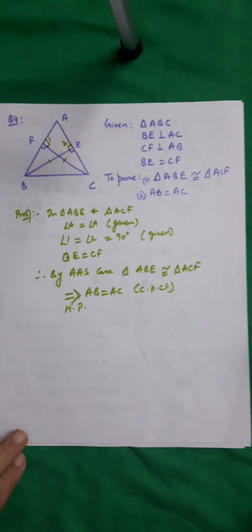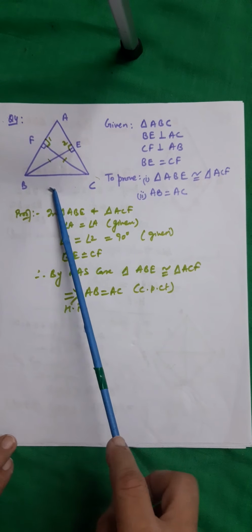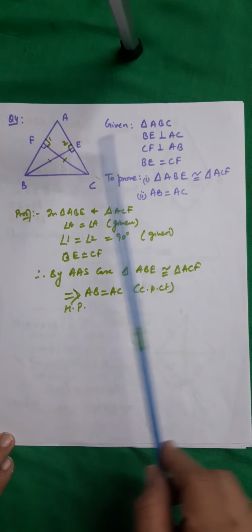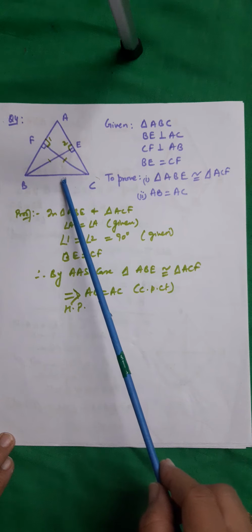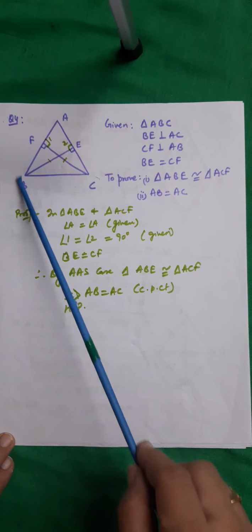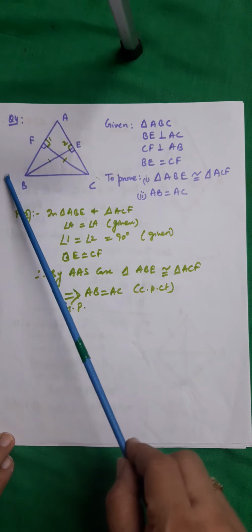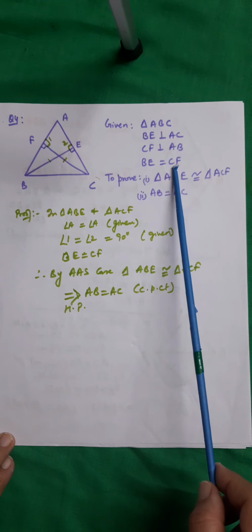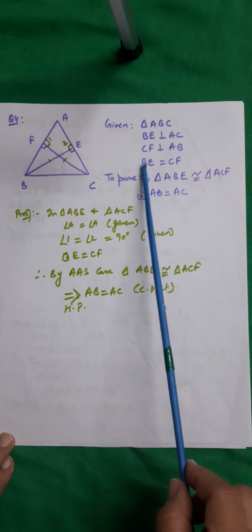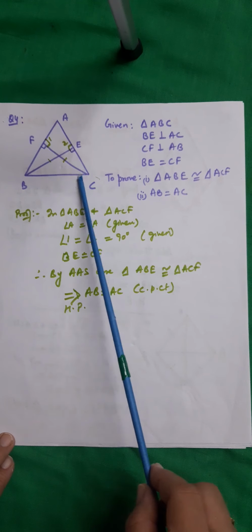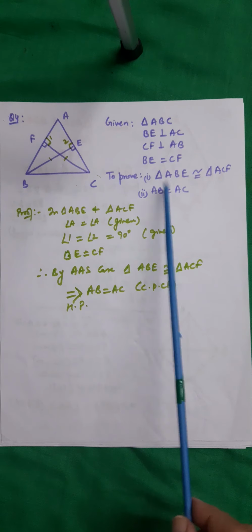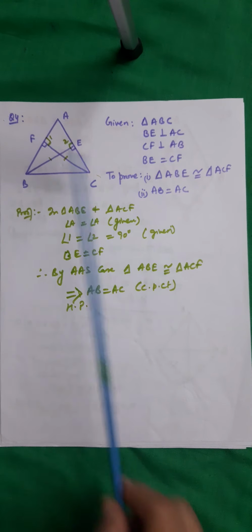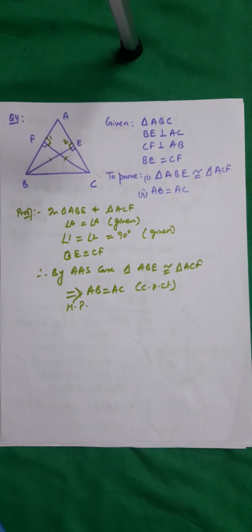Question number 4. Figure is given here like this. What is given? Triangle ABC in which BE is perpendicular to AC and CF is perpendicular to AB. And it is given that BE is equal to CF. We have to show that triangle ABE is congruent to triangle ACF and that AB is equal to AC.